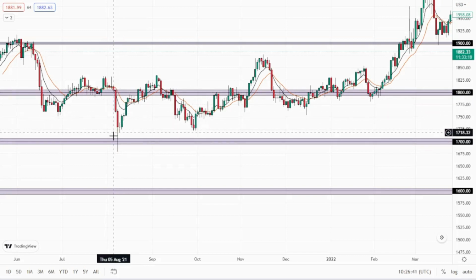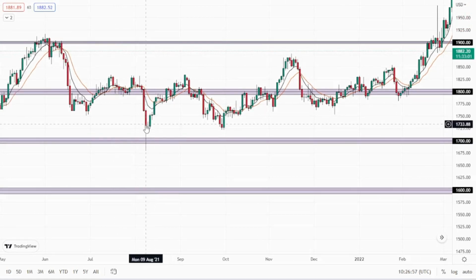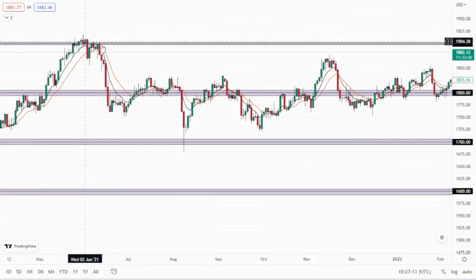So here you can see another valid key level where price never really came, the body never really came to this price level 1700, but just rejected off this candle and closed above the candle, creating a morning star and started pushing upwards. So another significant level here, 1900, you can see June 2021, 1900 was tested.